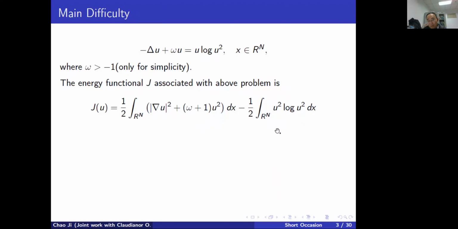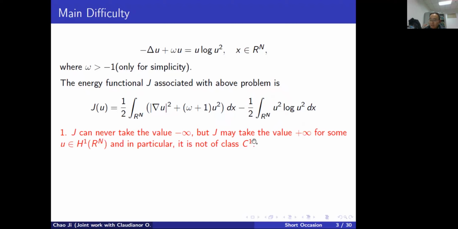Because if alpha is between 0 and 2, the absolute value of u to the power alpha is bigger than the absolute value of u squared. So for some u, this functional could be minus infinity. This is very important for our problem.